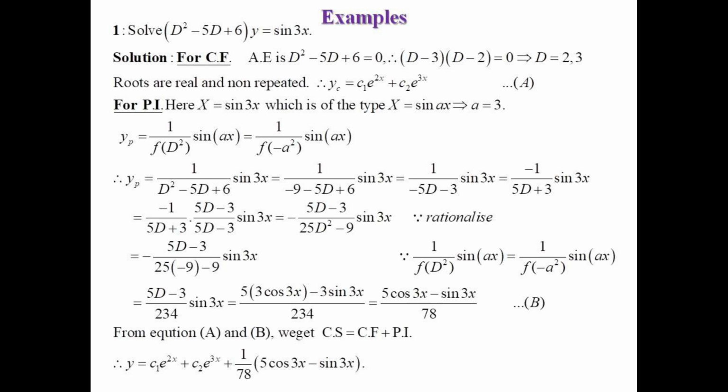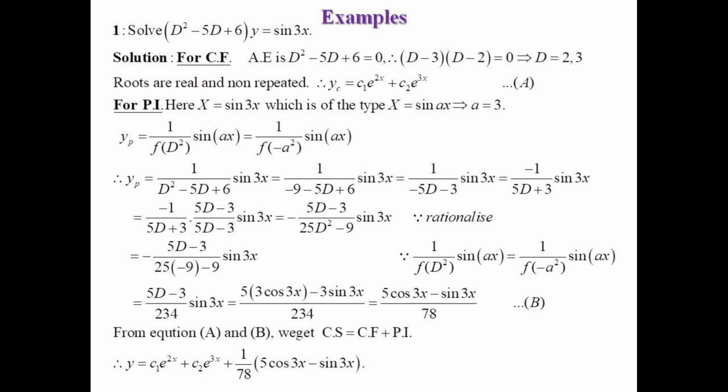According to the formula, we can only replace D square by minus a square, but here we get a single D term in the denominator, that means 5D plus 3. So we get this in the form of D plus a. Now we require a D square term, and here we get a single D term.